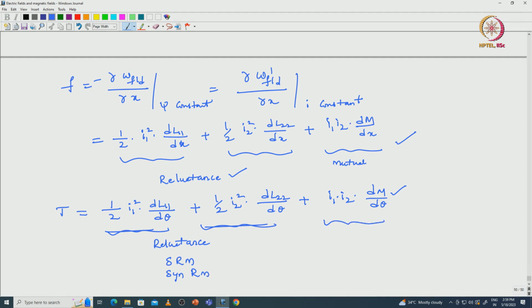And mutual torques, the interaction of two fields, attraction and repulsion of two fields, we will see in DC machines, synchronous machines and induction machines. In most machines we will see the interaction of two fields, that is the mutual torque. In the reluctance machine, the torque is developed based on variable reluctance or variable inductance, which is the reluctance type of torque component.